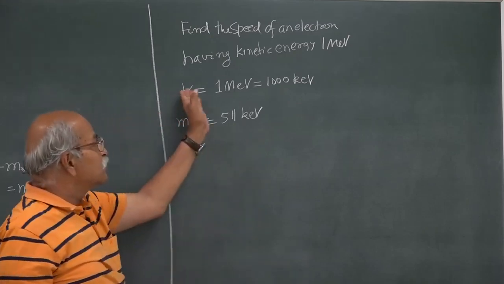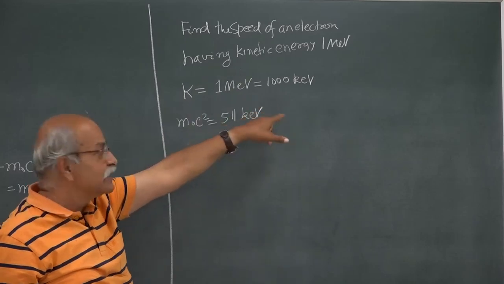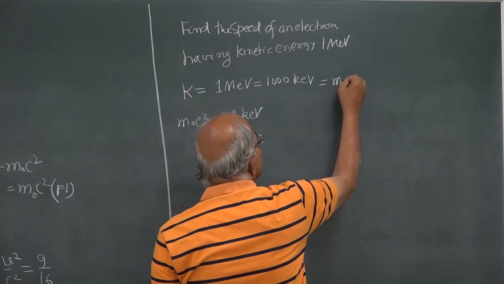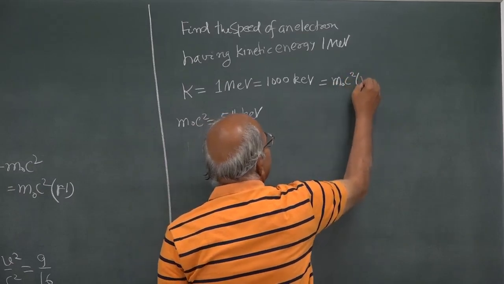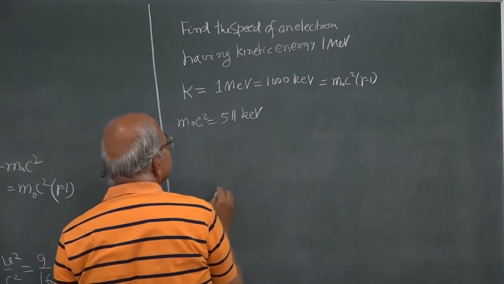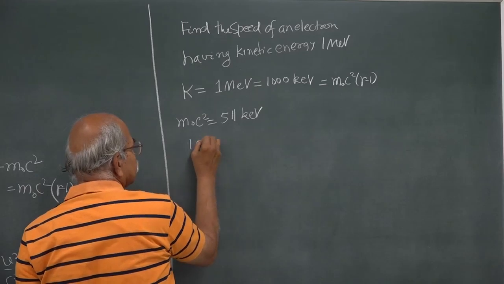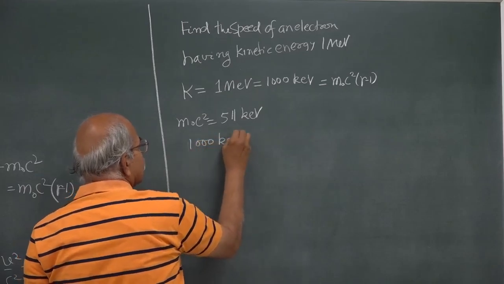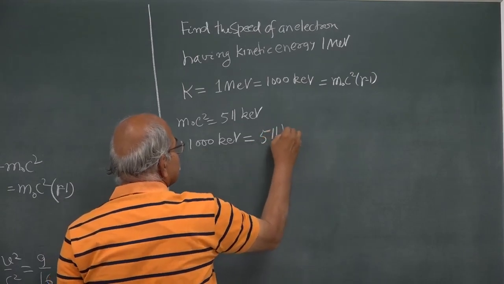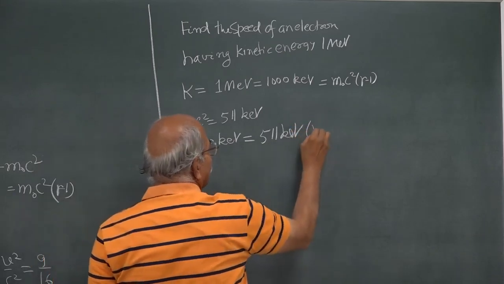So the relativistic expression for kinetic energy must be used here, and that expression is m0 c square into (gamma minus 1). So you have 1000 keV equal to 511 keV into (gamma minus 1).